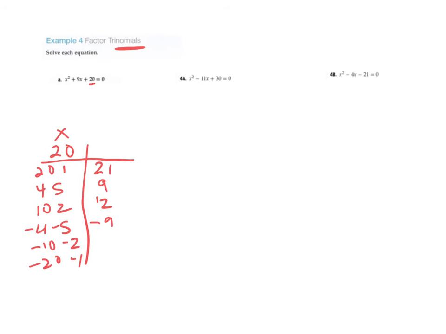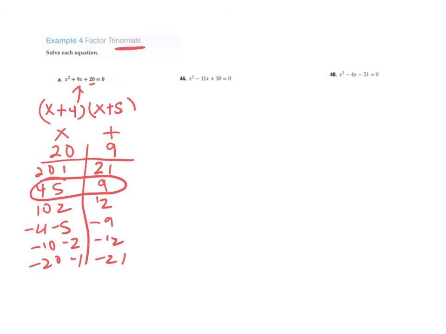And this is a negative 9, and a negative 12, and a negative 21. But what I'm looking for is this middle term. That middle term, 9. So I'm looking at this as my answer, because it's whatever adds up to that middle term, but multiplies give me the 20. So my answer would be x plus the 4 and x plus the 5.